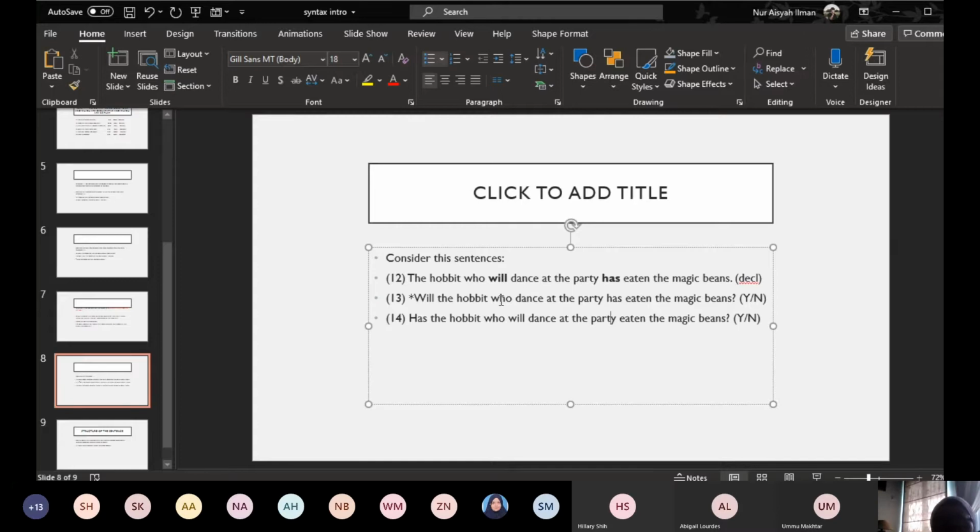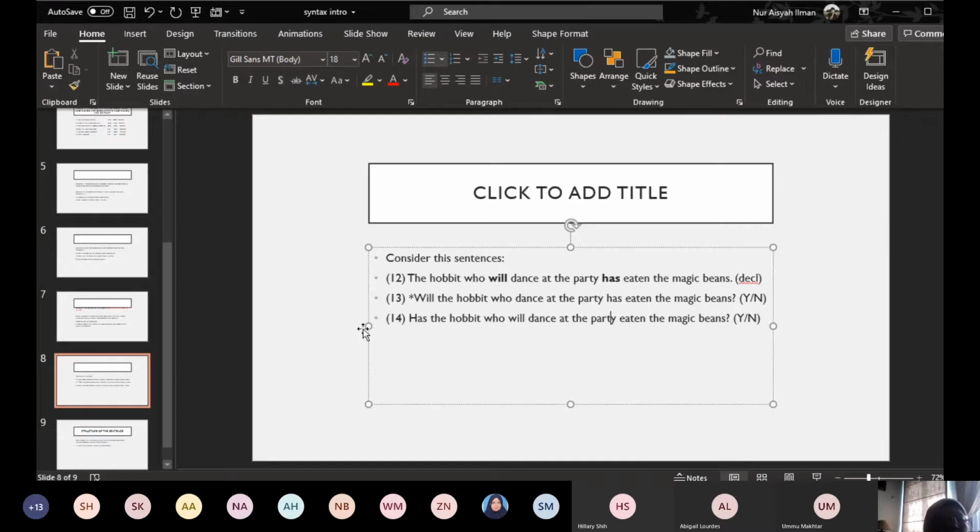Something is wrong here, so our hypothesis has to be changed. Look at 14: Has the hobbit who will dance at the party eaten the magic beans? This is a grammatical sentence. That means of the two auxiliaries, it is has which needs to go to the front and not will.